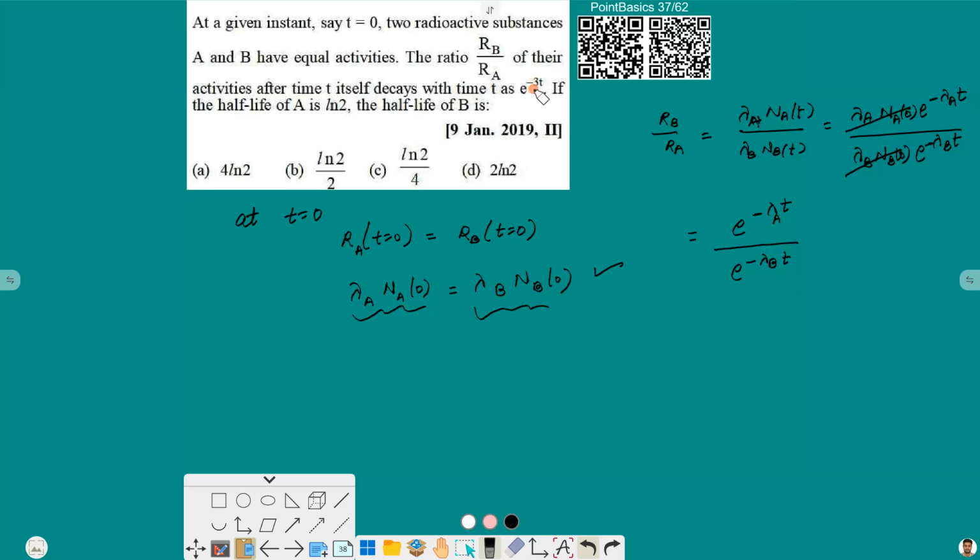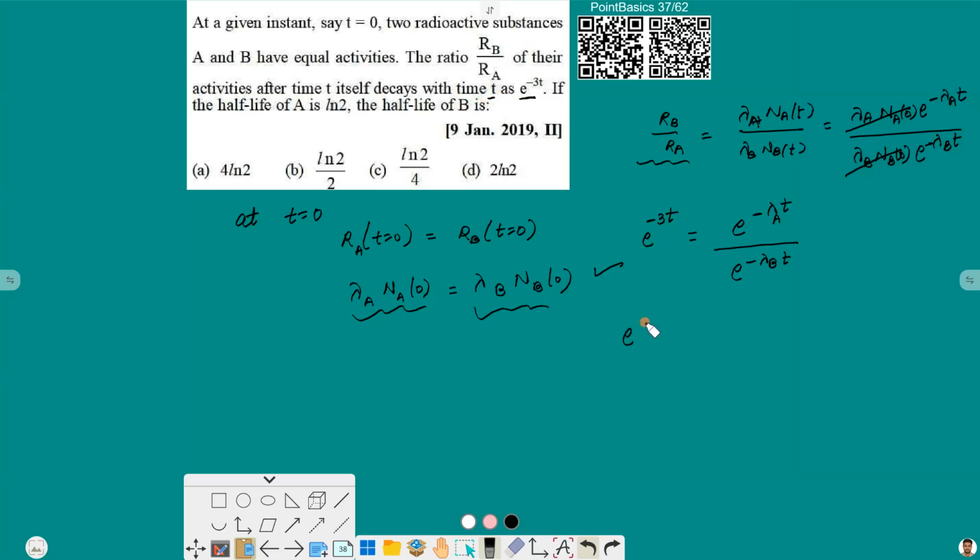Now the decay constant for A is ln2. Oh, sorry, the ratio is mentioned, not the time. The ratio of RB by RA after time t is e raised to power minus 3t. So this is e raised to power minus 3t.